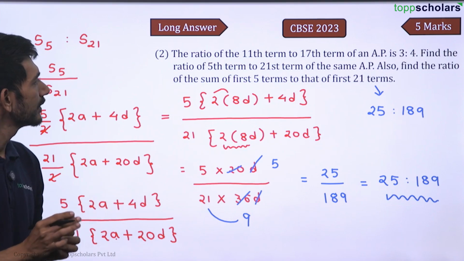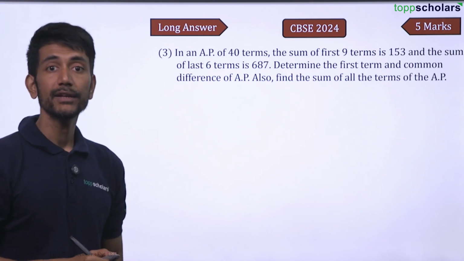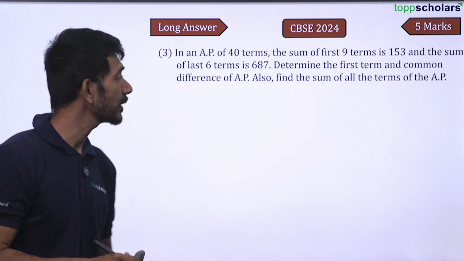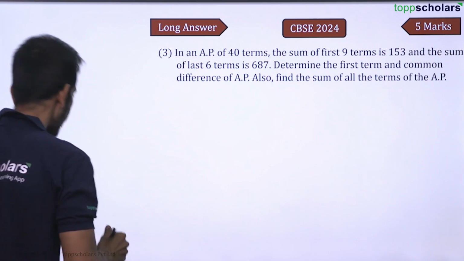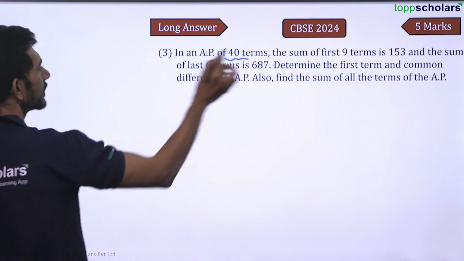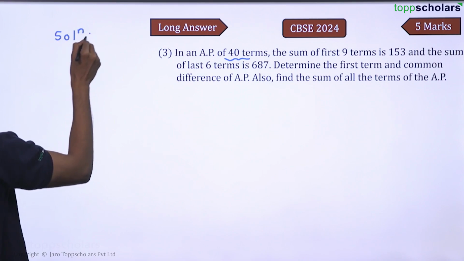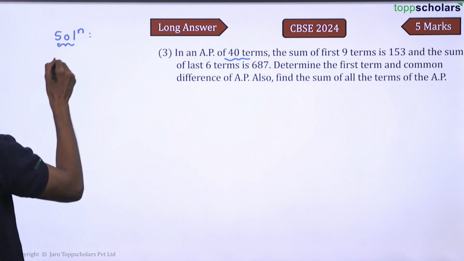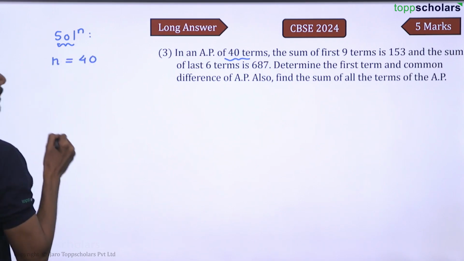Simple, easy. Let's continue. Now let's have a look at a new question. This was asked in CBSE 2024 for 5 marks. This is an important question here. It says in an AP of 40 terms, clearly something is given in the first statement only, and that is nothing but the number of terms. So it is given that n is equal to 40.